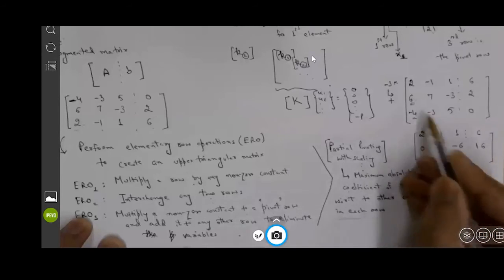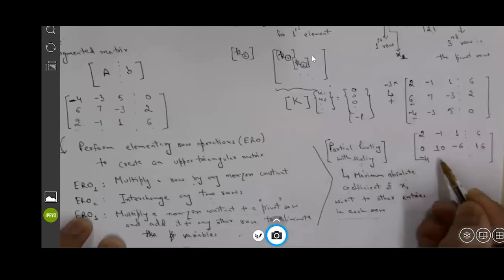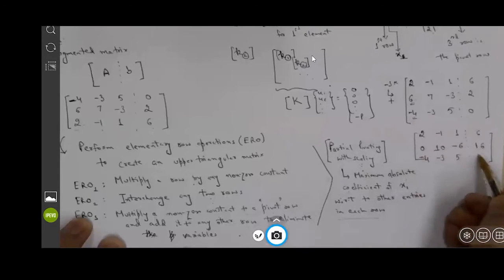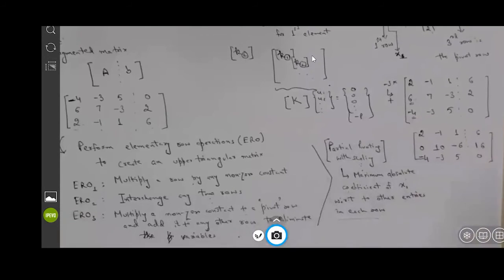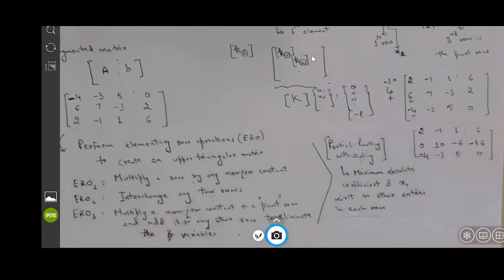That's it, right? I think it's -16, yes, you are correct. And the third row will remain as it is, -4, -3, 5, and 0. Is everybody with me so far?